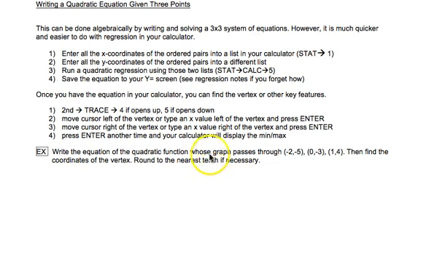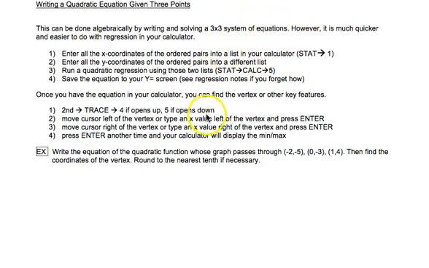So if you actually look in your book, they teach you to write the quadratic equation given 3 points by writing and solving a 3 by 3 system of equations. So for those curriculums that involve solving 3 by 3 systems algebraically by hand, that makes sense to do.